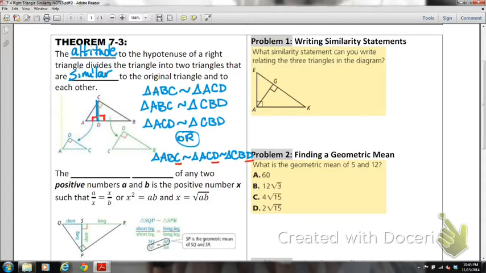If you look at the other angles, the angle A in the big triangle has to correspond in position to angle A in the one on the left, ACD.